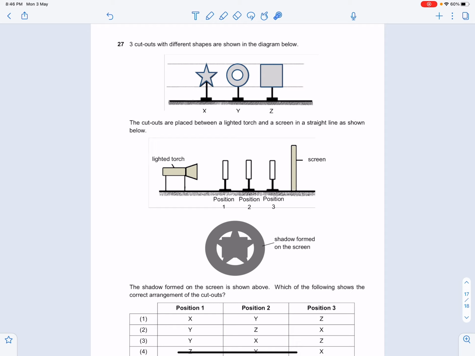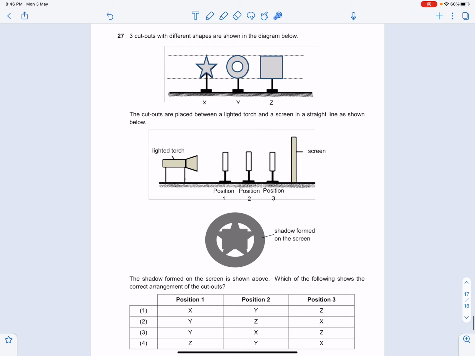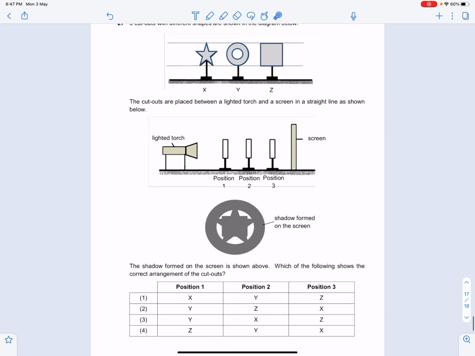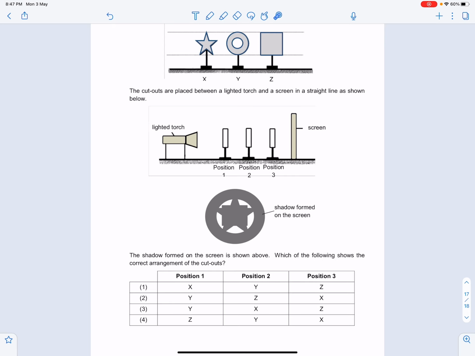So basically, generally, the nearer the object is towards your torch, the bigger the shadow. So over here, you can see that because they're the same size, the biggest is actually the circle.